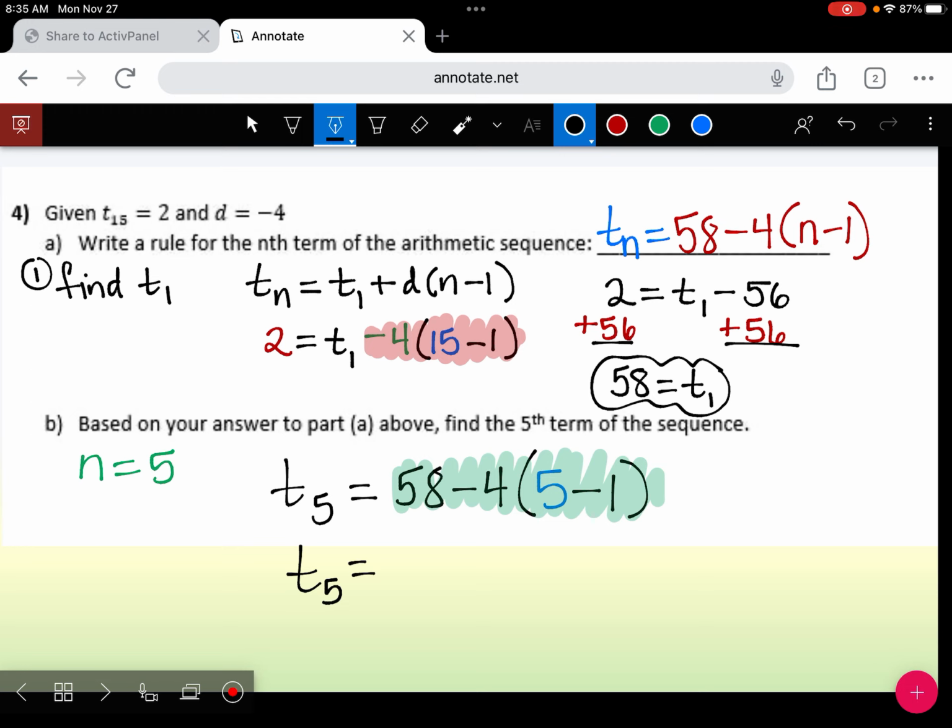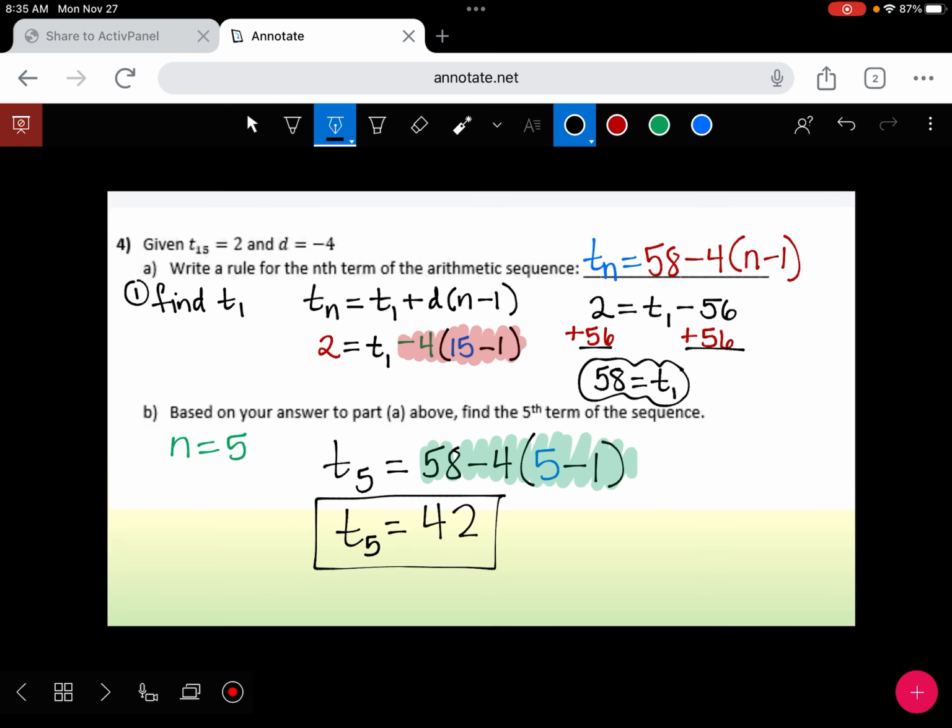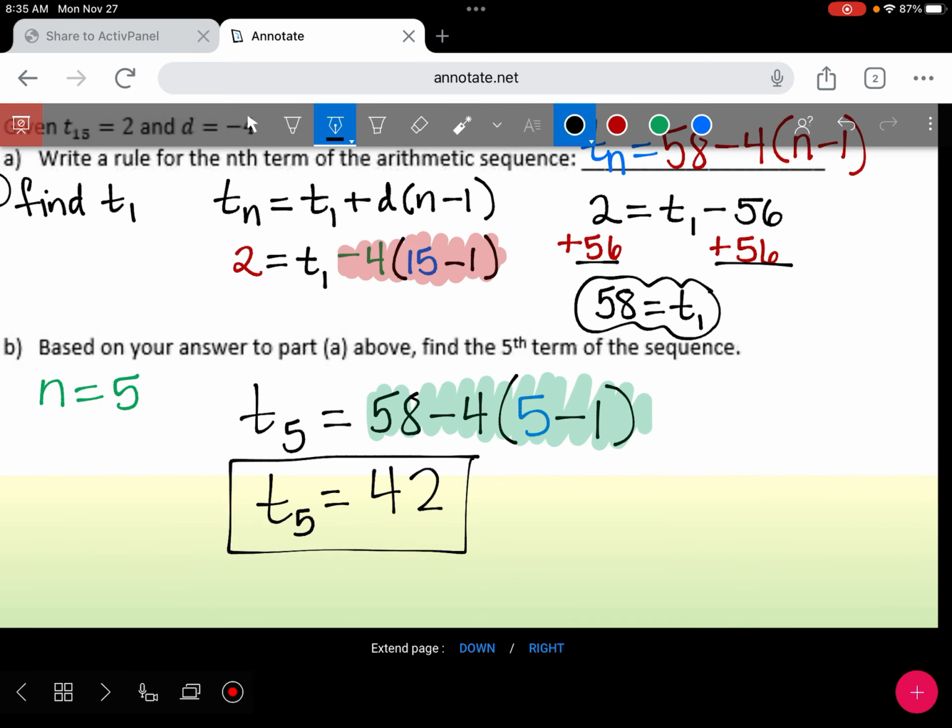All right, good. So that means that the 5th number, keep in mind, if I were to write it out the long way, I'm starting at 58, and my common difference is -4, so that means I'm subtracting 4. So the second number would be 54.